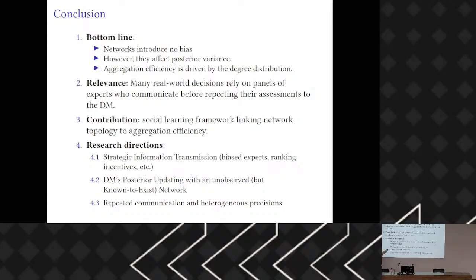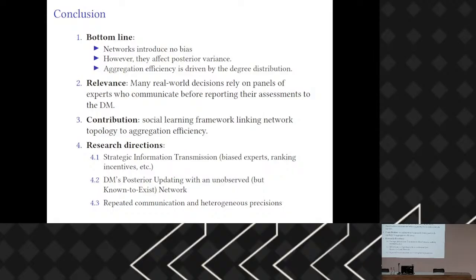And the decision maker's posterior updating with an observed but known to exist network, right? At least from a decision theoretical perspective, these people are informing what they think about this subject of interest, but I know they are kind of mixing up. How do I approach this from an optimal perspective?